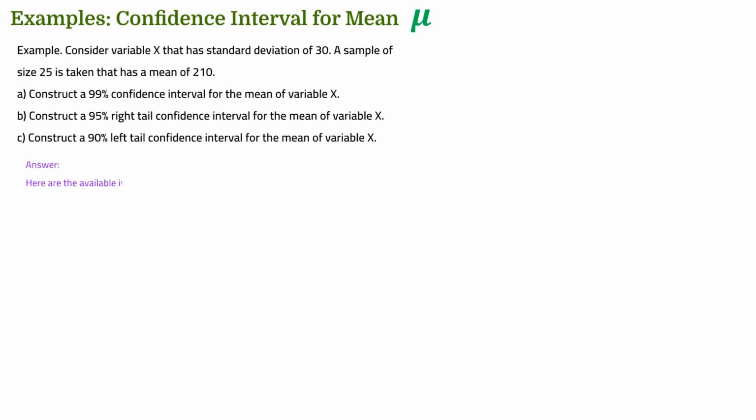And here's the answer. Here is the available information. Sigma is known, 30, x bar is 210, and n is equal to 25. Since sigma is known, a standard normal should be used in all parts.